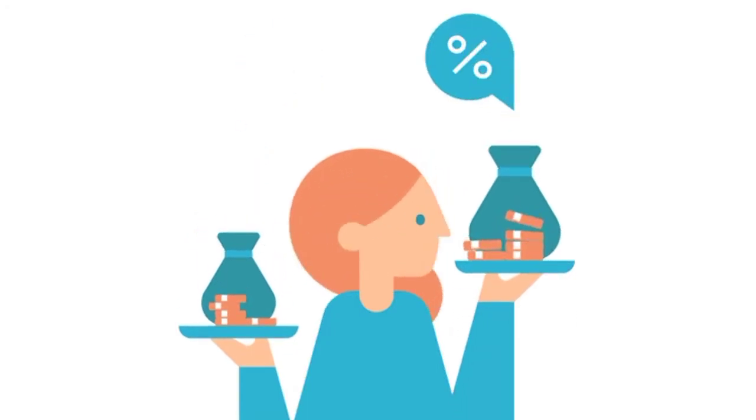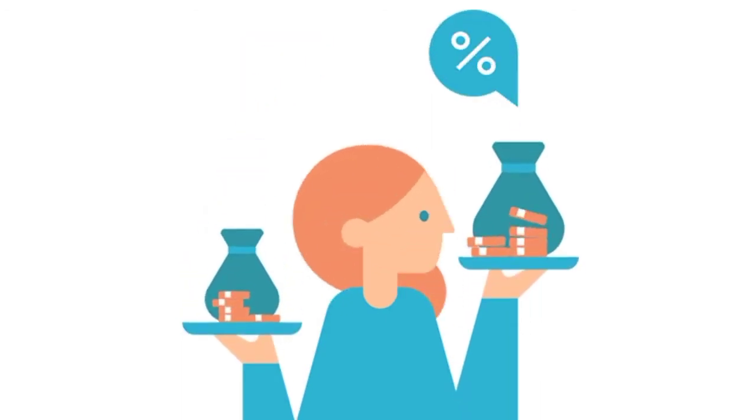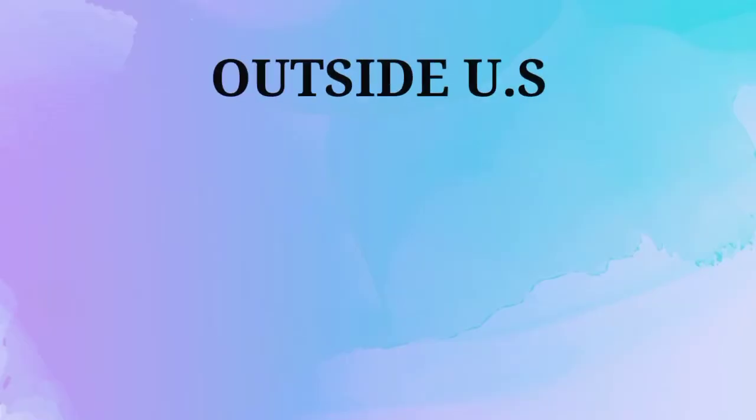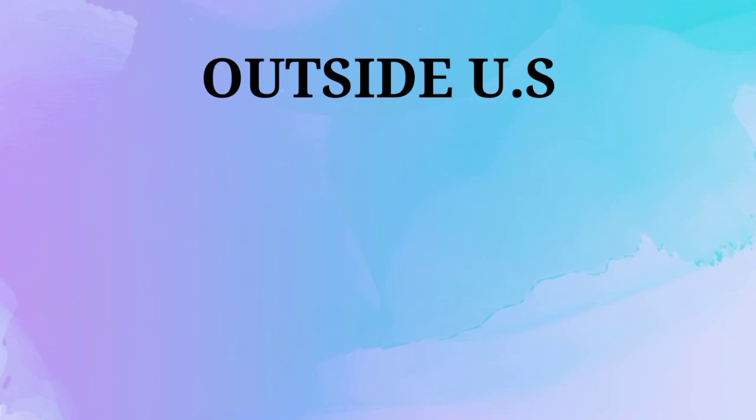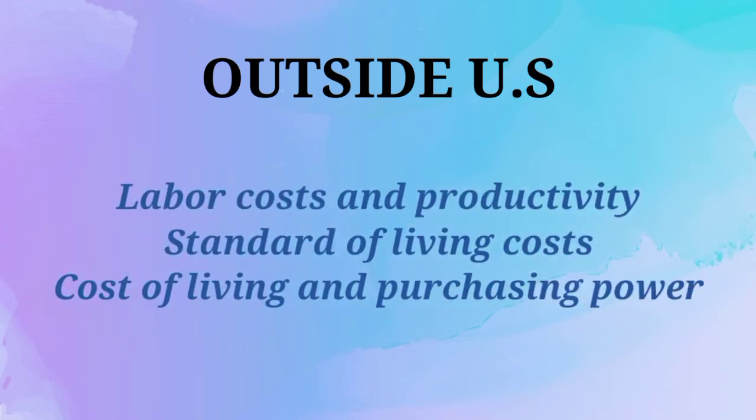Even if wage rates appear the same, expenses for healthcare, living cost, and other employer-provided allowances differ. Outside the US, many nations offer some form of national healthcare, or organizations may pay for it indirectly. It includes labor cost and productivity, standard of living, cost of living, and purchasing power.